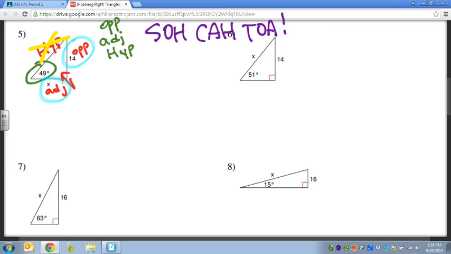Using SOHCAHTOA, I determine whether to use sine, cosine, or tangent, depending on what I'm given. I need the one that has the opposite and the adjacent, but does not include the hypotenuse. I can't use sine, because sine has the hypotenuse. I can't use cosine, because cosine uses the hypotenuse. But TOA, or tangent, is the only one I can use, because the opposite and the adjacent sides have what I need.